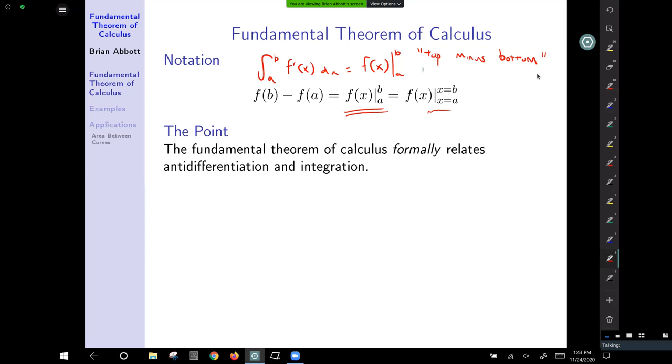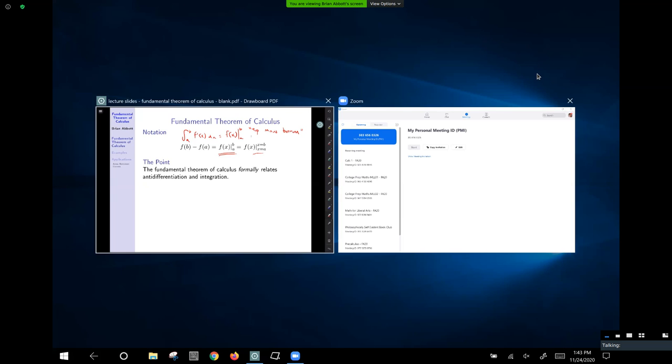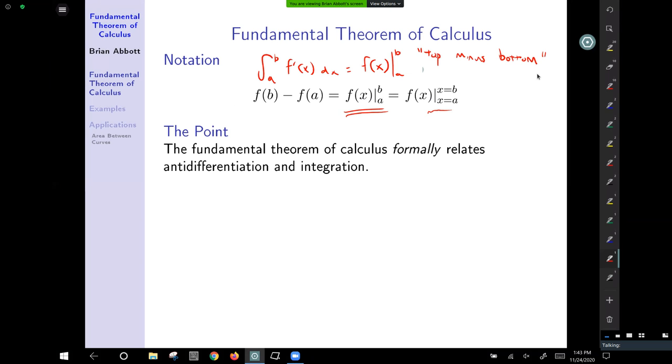So let me try and write this out using textbook notation. Sorry, my left-handedness is causing this thing to jump. Big F of x, using their notation, is equal to the integral of little f of x dx.